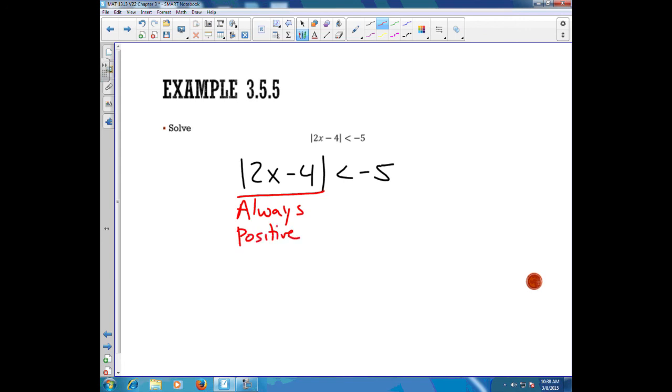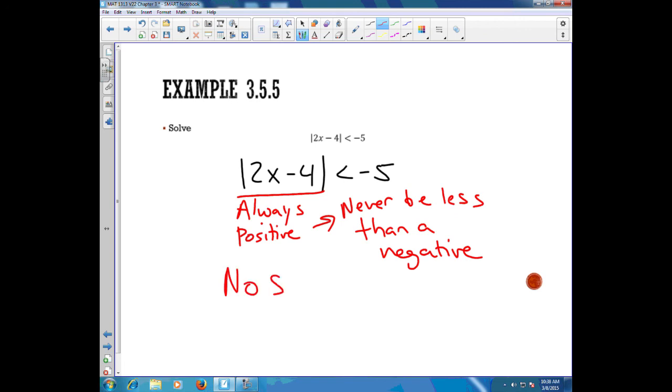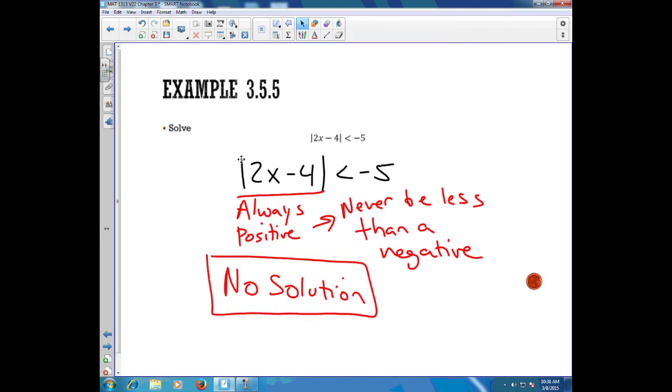And because that side is always positive, it'll never be less than a negative. And so the answer to this problem, without even doing any work, is no solution. Absolute value can never be less than or equal to a negative number.